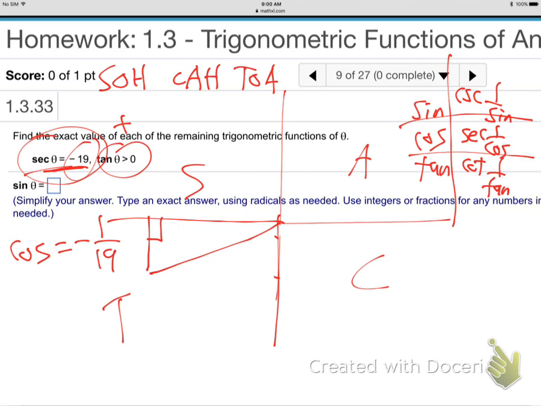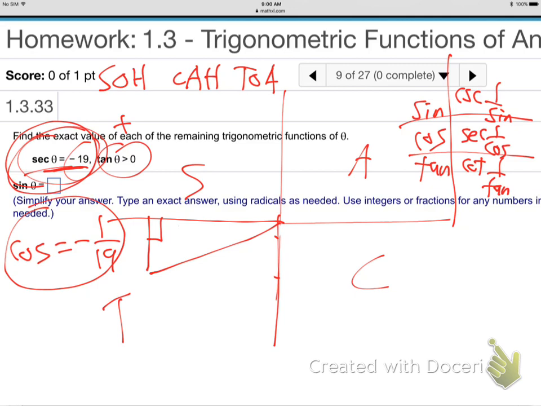Because secant is upside down of cosine. So if they give me a fact about one of these 3 trig functions on the right, cosecant, secant, or cotan, I'm just going to turn it into something involving sine, cosine, or tangent, because that's easier for me. Is that good? So secant is negative 19. That means cosine is negative 1/19. You just flip it, don't you?